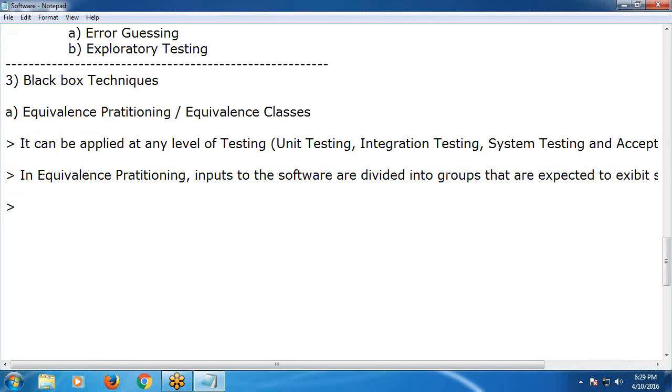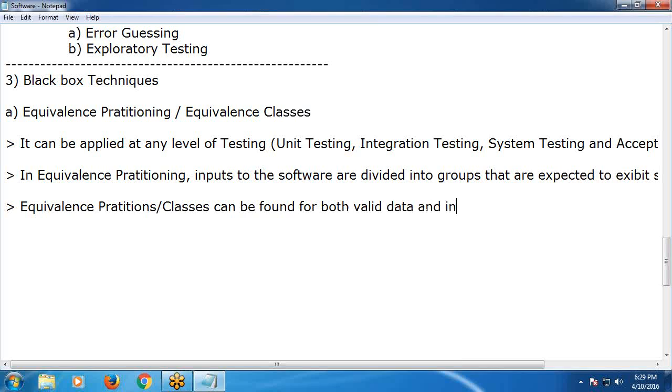Next point: equivalence partitions, or equivalence classes, can be found for both valid data and invalid data.